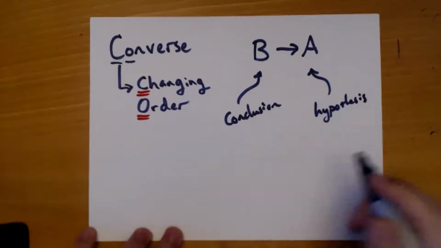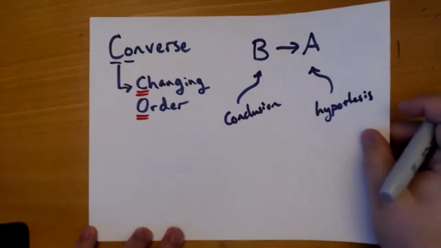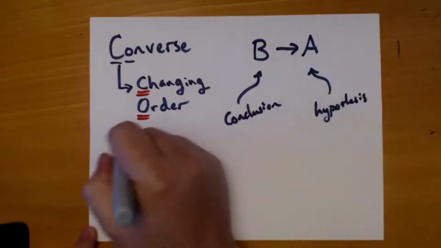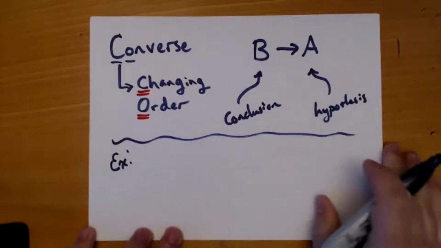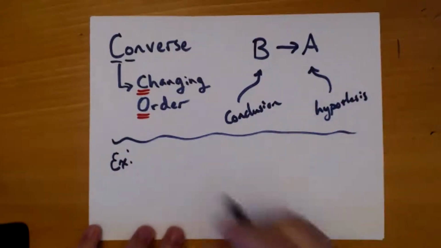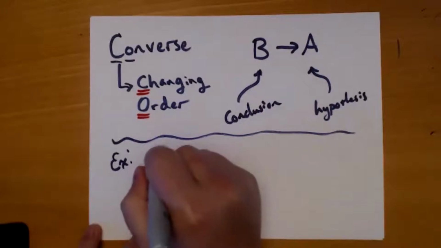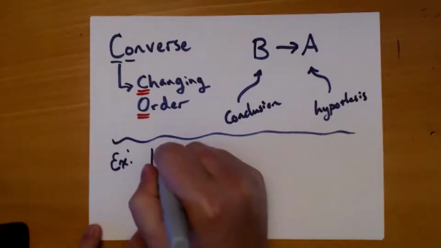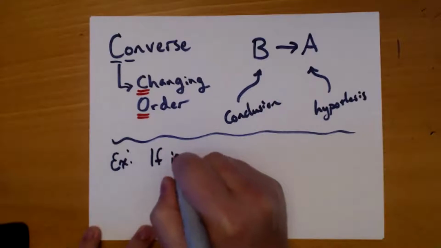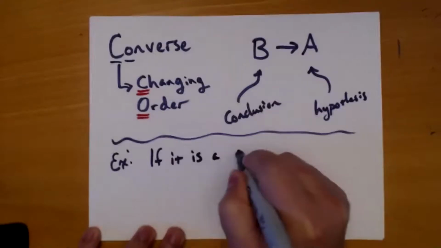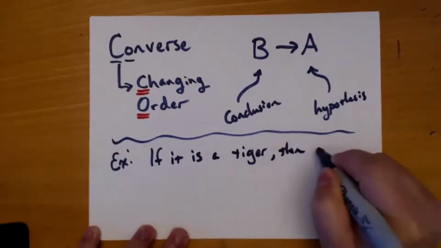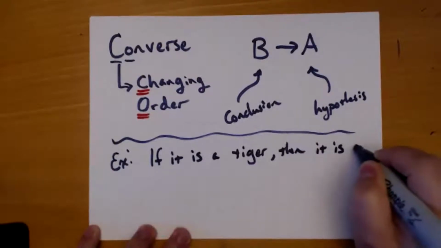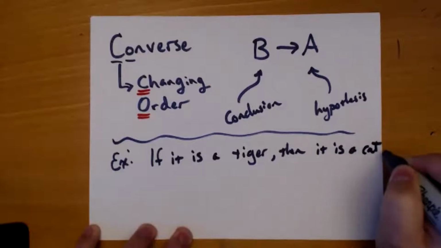So for example, let's take a sentence like this. If, and this is the conditional, if it is a tiger, then it is a cat.